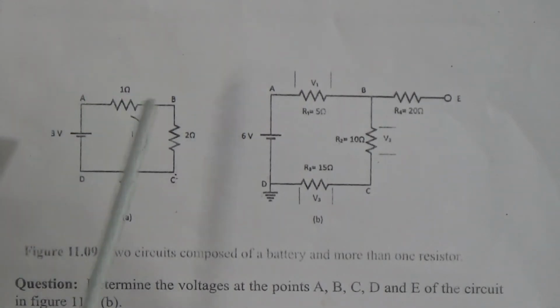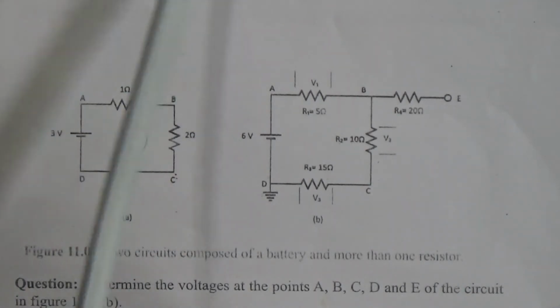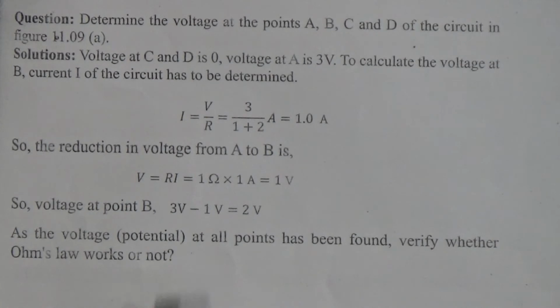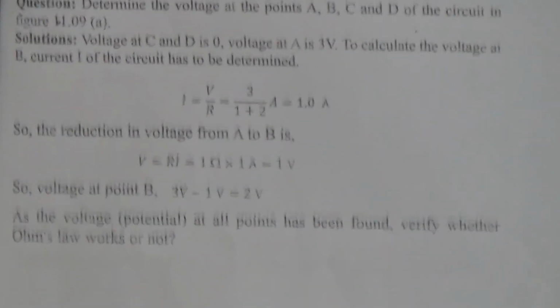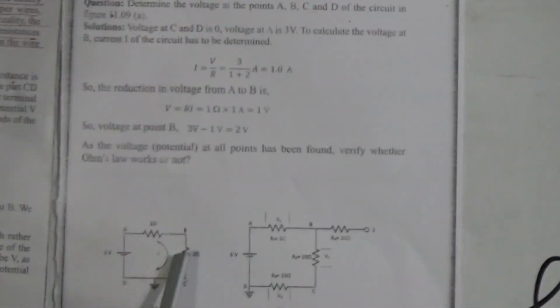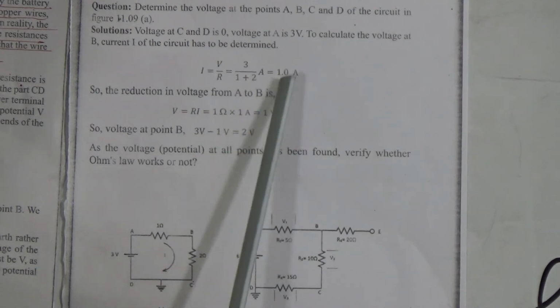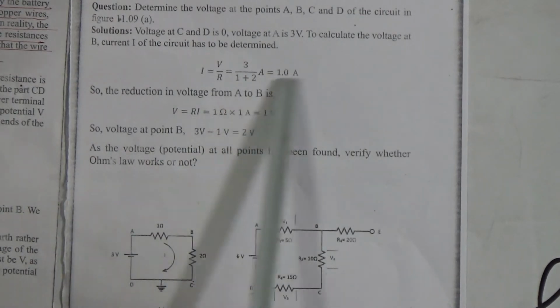To calculate the voltage at B, we have to find out the current. So I will be V divided by R. Here V is 3 volt, and R is the total of the two resistances: 1 ohm and 2 ohm. So it will be 3 divided by 1 plus 2, that is 1 ampere. Current is 1 ampere.